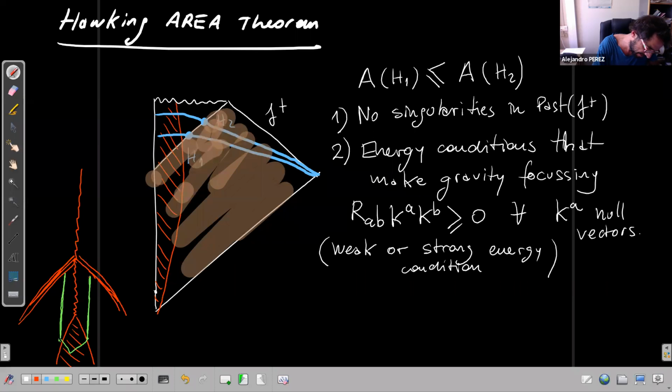The geometry after the shell falls will be given by a new Schwarzschild with a bigger mass, so the apparent horizon would be outside. It would be bigger than the original green one. In fact, because of the focusing properties of the matter that fell there, these light rays that were trapped by the gravitational field before will now be over-trapped. They will be focused more, and they will end up falling into the singularity.